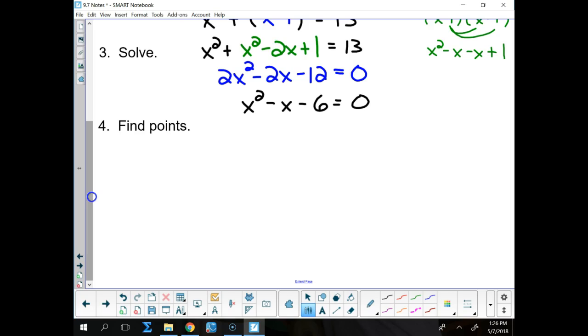We divided every term by 2. Now what? Now we've got to factor. So what does that factor to be?